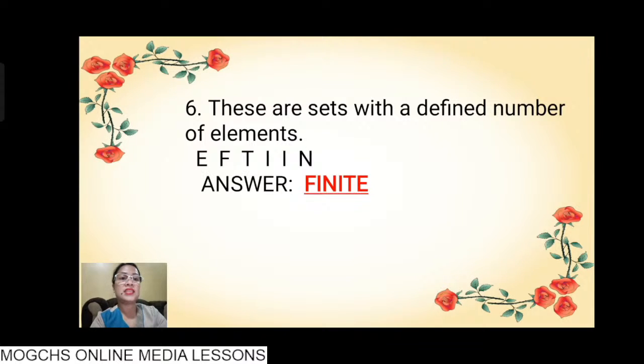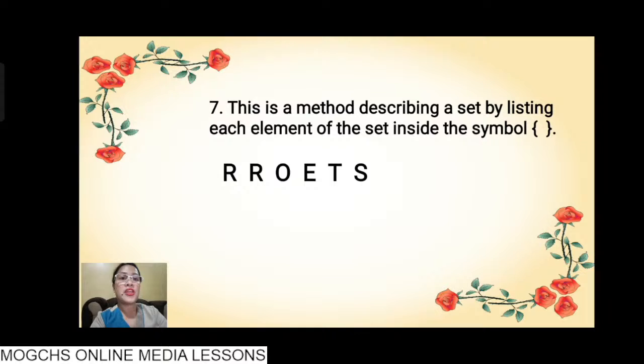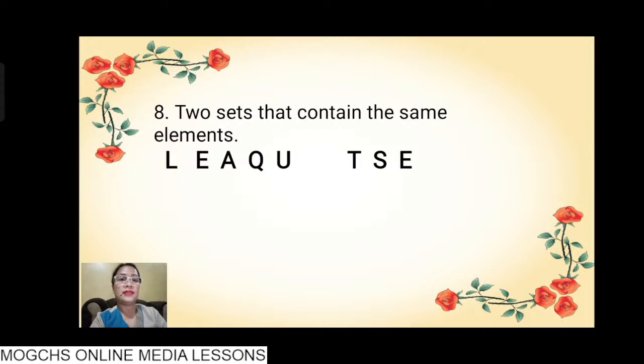The answer is finite. Number 7. This is a method describing a set by listing each element of the set inside the symbol. The answer is roster.